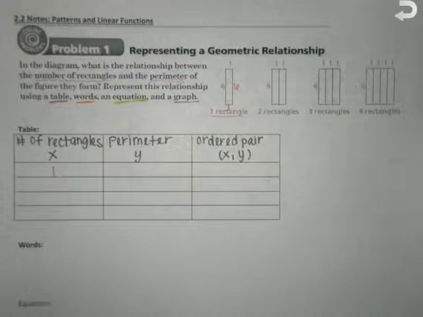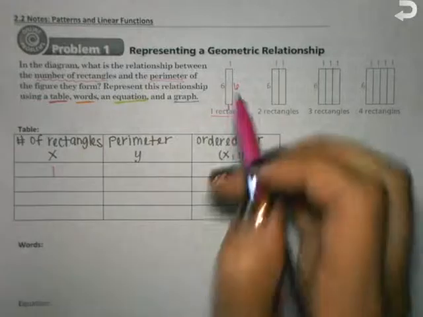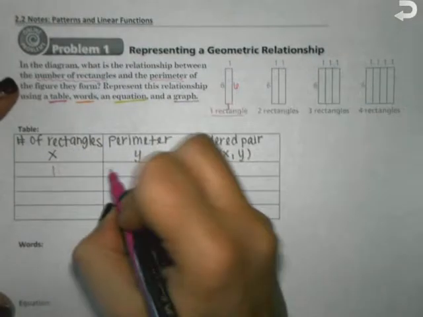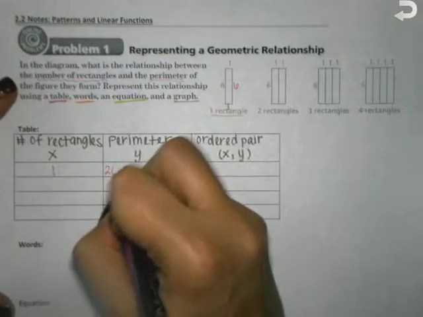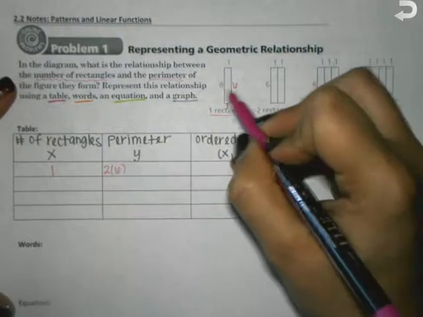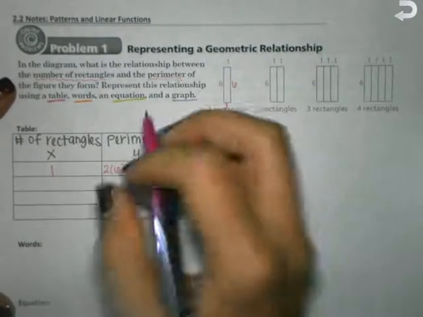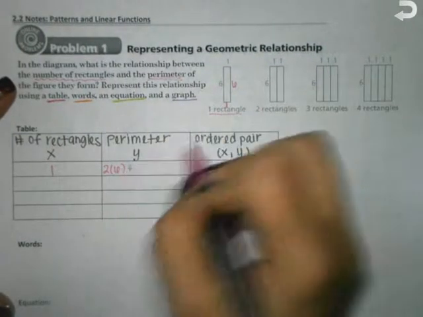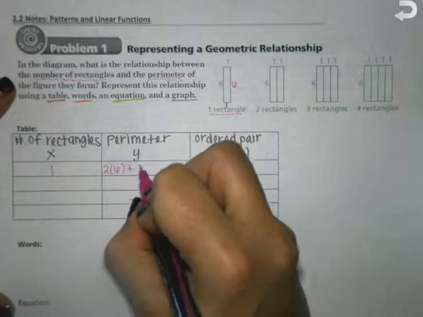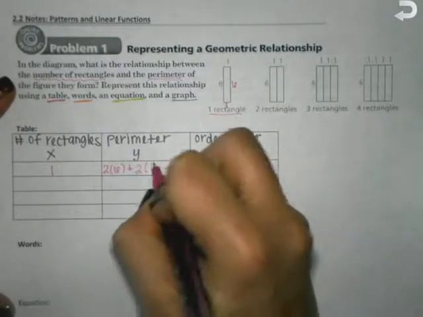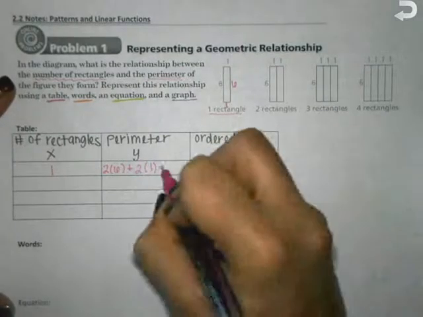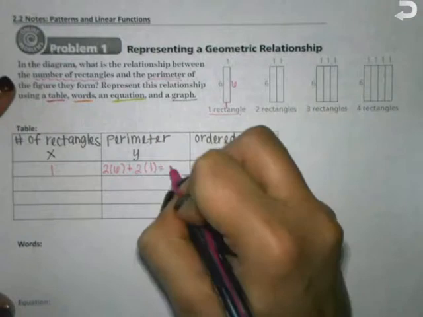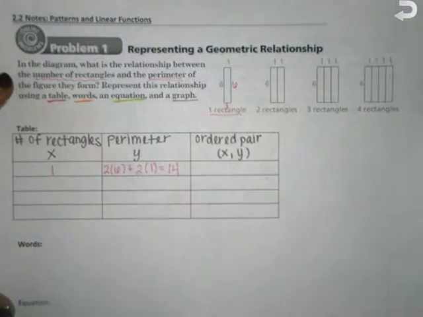Alex, do you know? 6, 2, and 1, 2. Yeah, that's right. So 2 times 6, so let's write out our work. 2 times 6, because we have 2 6s. And then with perimeter, what do we do? Add them, and that's going to be 2 times 1. And what does all of that come out to? 14. So our output was 14.